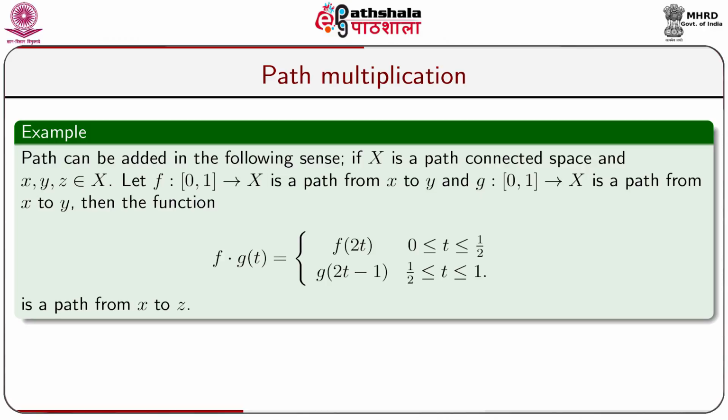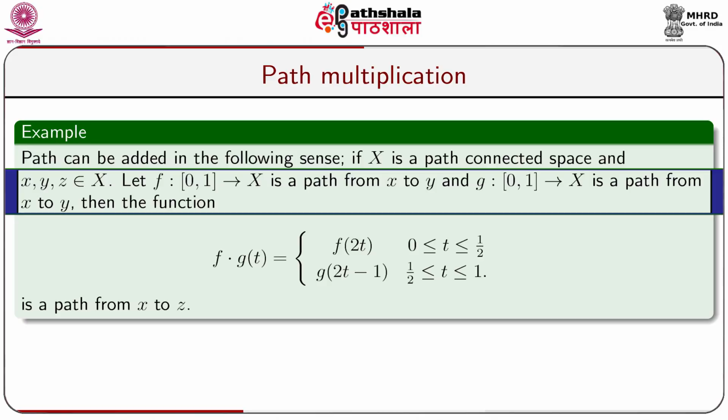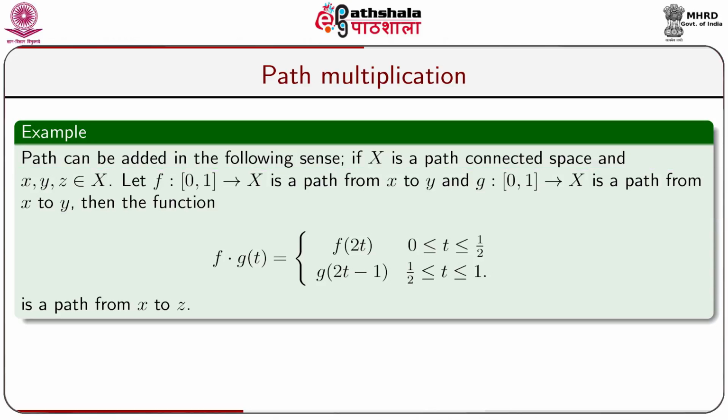We have already said that we can compose two paths. In other words, we can multiply two paths in the following sense. If X is a path connected space and x, y, z are in X, let f be a path from x to y and g be a path from y to z.